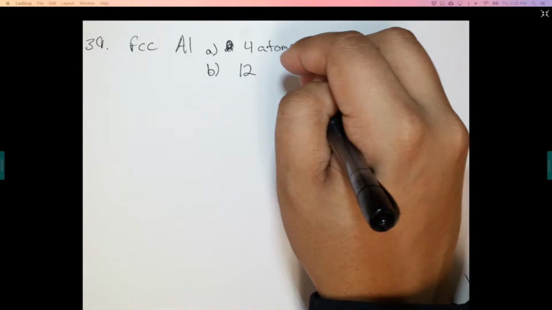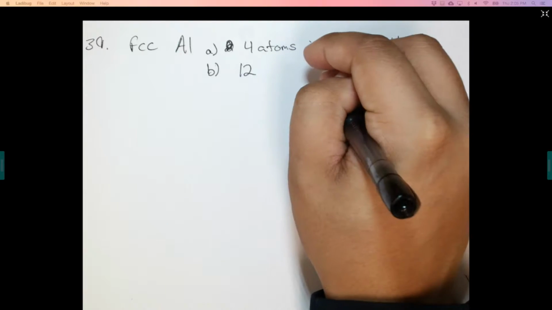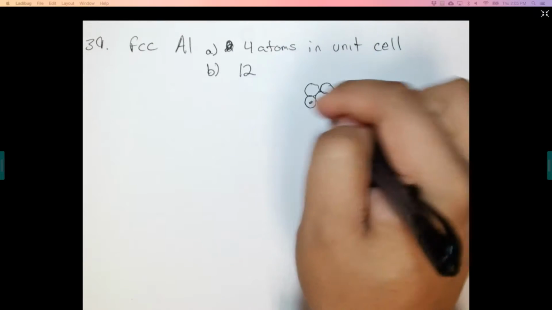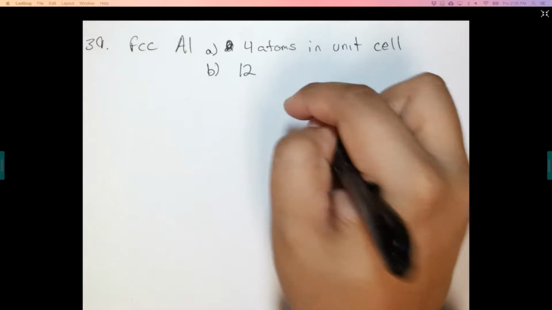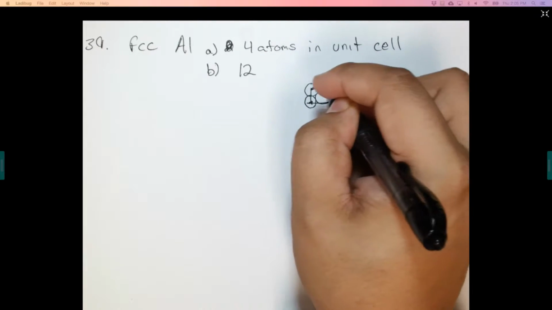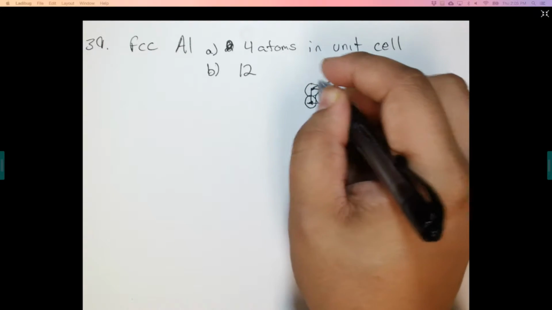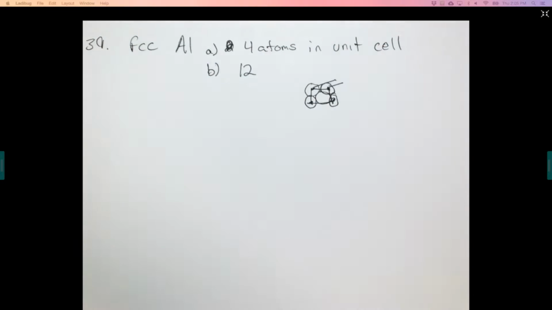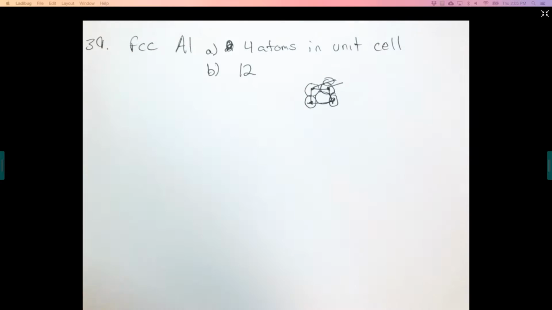Remember, in a face-centered cubic, we're dealing with a situation where all of the atoms touch one another. My drawing is not great, but if the dots represent the center of each of these 4 atoms, and then we look at that in the cubic arrangement, the middle one is going to touch 12 things: 4 around it, 4 on one side, and then 4 on the front side.